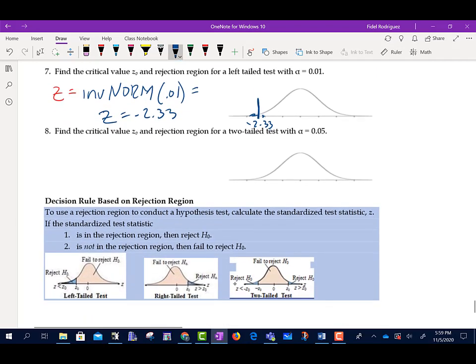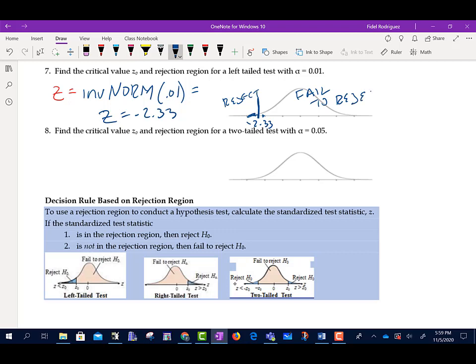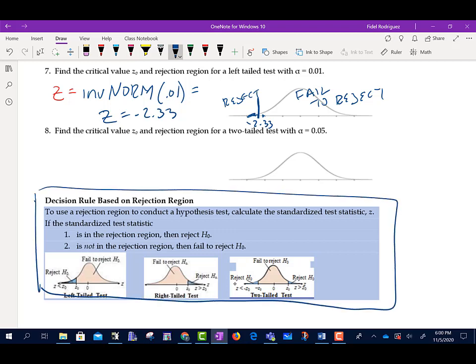So this part here is what we call our rejection region. And this part here is what we call our fail to reject region.